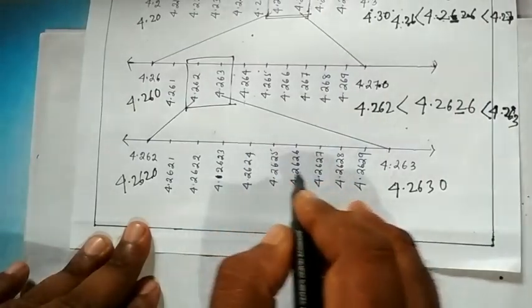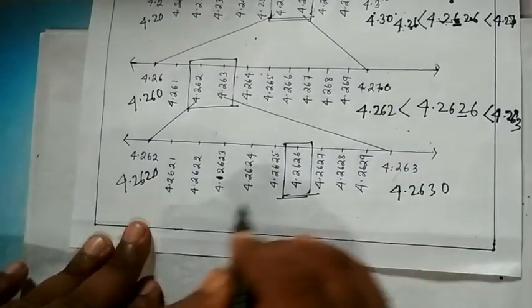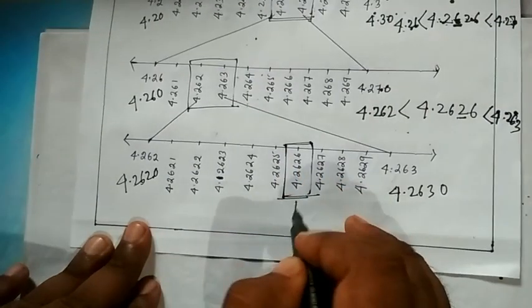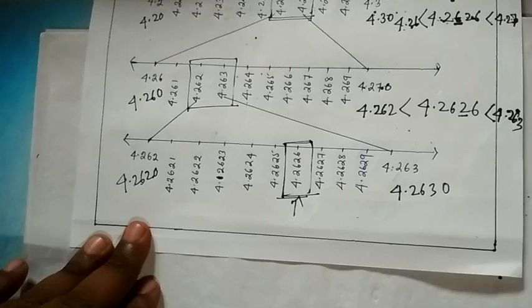So here 4.2626 is there, and highlight that this is our required number on the number line. So in that way you can represent 4.2626 on the number line by using the successive magnification method.